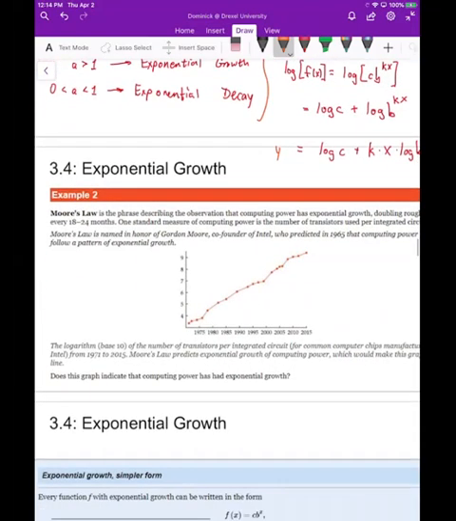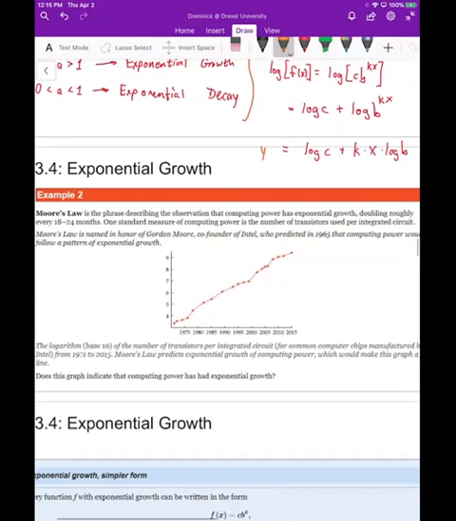Okay, so as an example of this, we see that we have the observation that computing power has exponential growth, right? Each year we have that our computing power doubles on average every 1.5 to 2 years. So if we look at this graph that's displaying the logarithm scale of our computing power, you see that this is roughly aligned with positive slope.